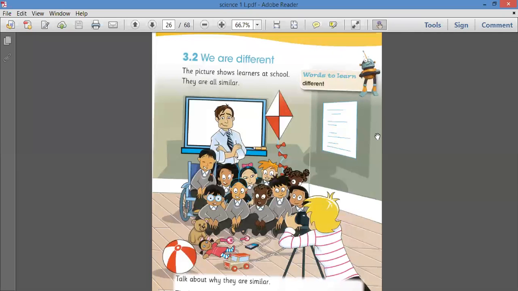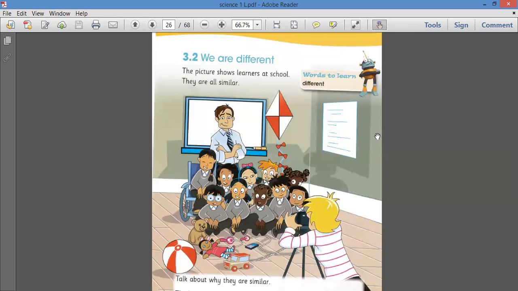Okay, we are going to discuss our lesson 3.2. We are different. In the last lesson, we discussed that we are similar. What is the meaning of similar?